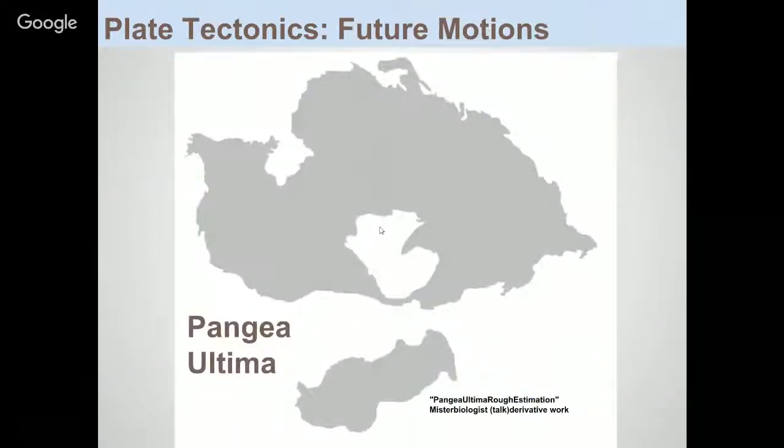And then maybe if you model that movement forward into time, we can get another supercontinent. One idea that's been thrown around is the next continent being called Pangea Ultima. Not a very creative name in my opinion, but it's a cool concept nonetheless.